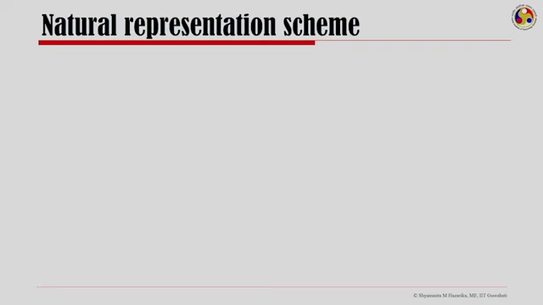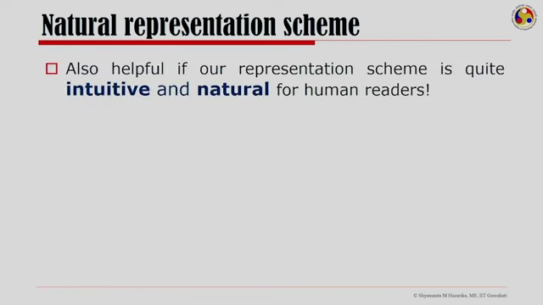Let us now look back on one of the characteristics of a KR language that we had introduced, that is naturalness. If our representation schema is quite intuitive and natural for the human reader, it would help both the representation and the reasoning.